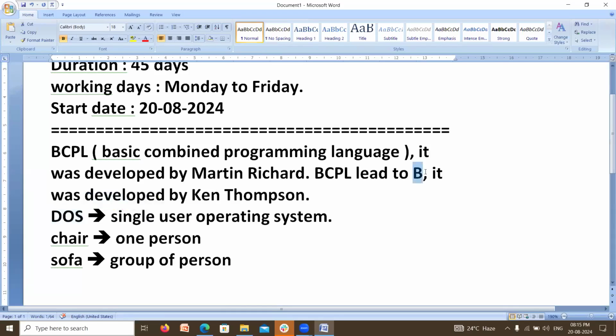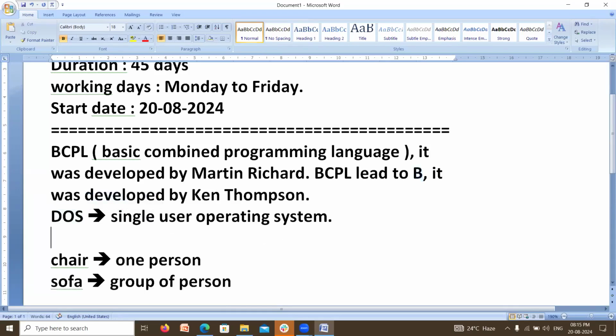For that, they developed B. By using B, they successfully developed one multi-user operating system, and it is called Multics. Now we have so many operating systems: Windows, Unix, Linux, like that. The first multi-user operating system name is Multics. By using B language, it was developed.